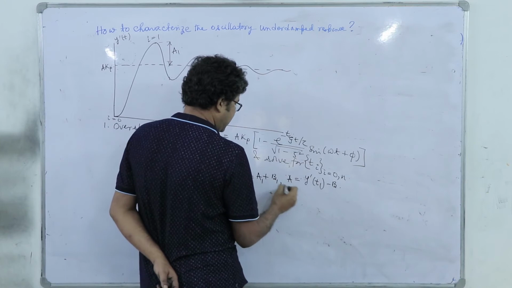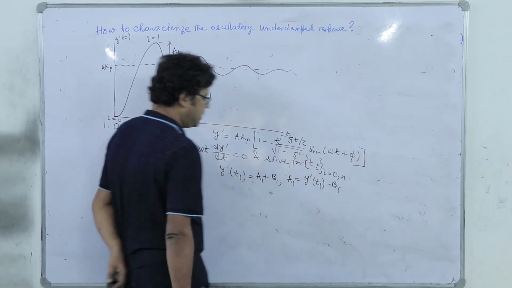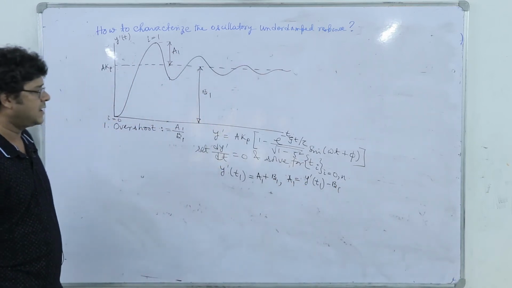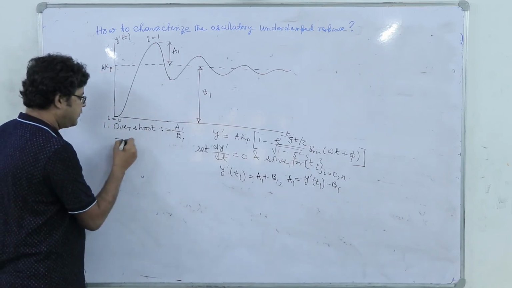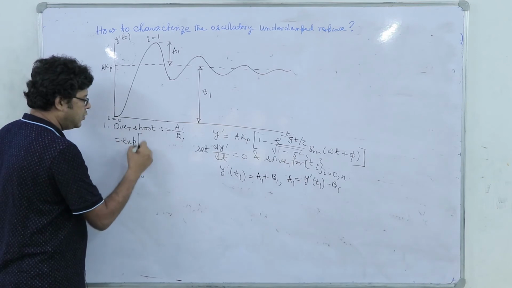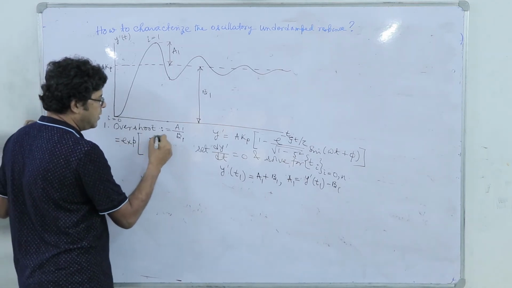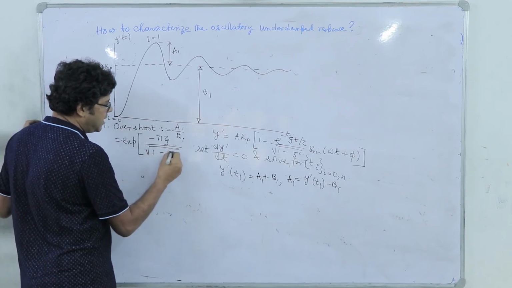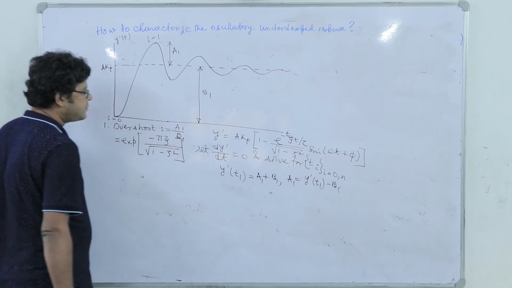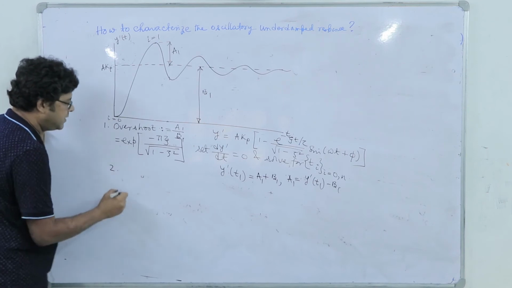So, A1 and B1, and A1 minus B1. So, once you have got this A1, and B1 is A Kp, we can find out the overshoot. And if you do that, you will be getting that overshoot is equal to e to the power minus pi into zeta divided by under root of 1 minus zeta square. Next, decay ratio.